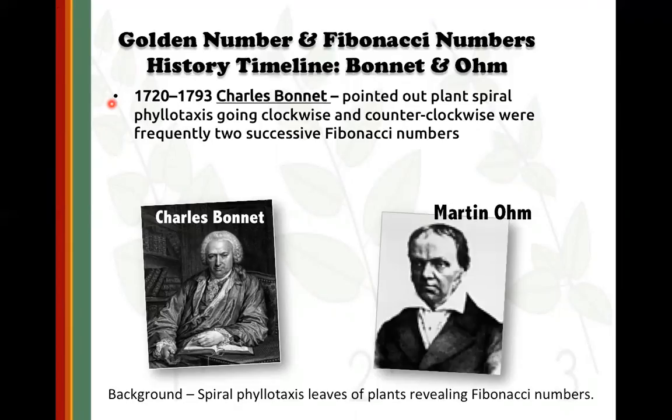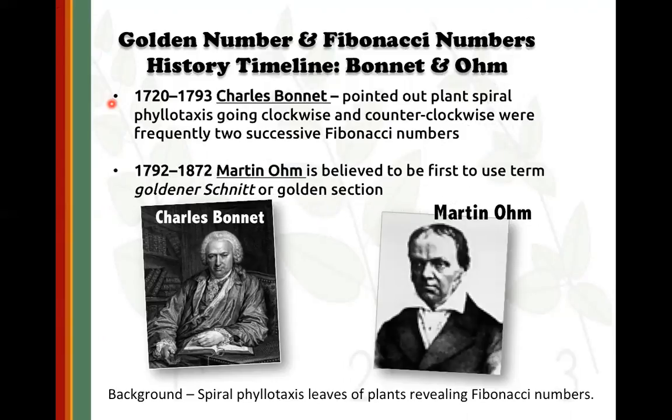If you love to garden or observe the plants around your house, you can observe this phenomenon. Martin Ohm, who lived from 1792 to 1872, is believed to be the first to use the term goldener Schnitt, or golden section.